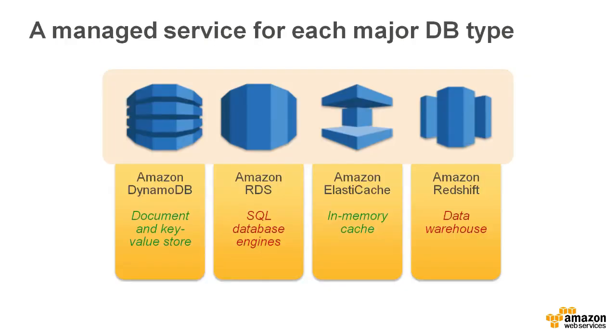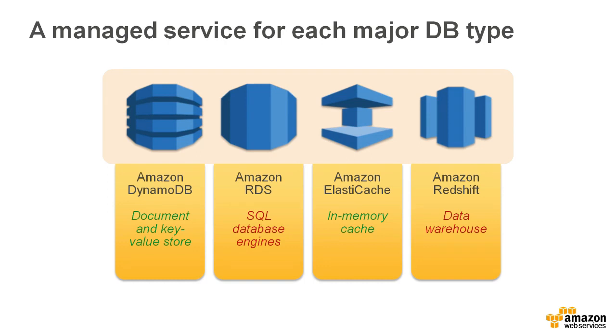So these are the four major services provided in the database category: Amazon DynamoDB, Amazon RDS (Relational Database Service), Amazon ElastiCache, and Amazon Redshift. We will explore each of them one by one in a detailed manner. Amazon DynamoDB is a document and key-value store database.